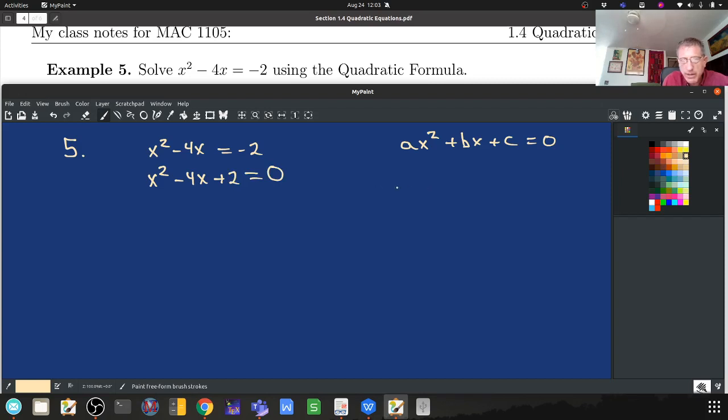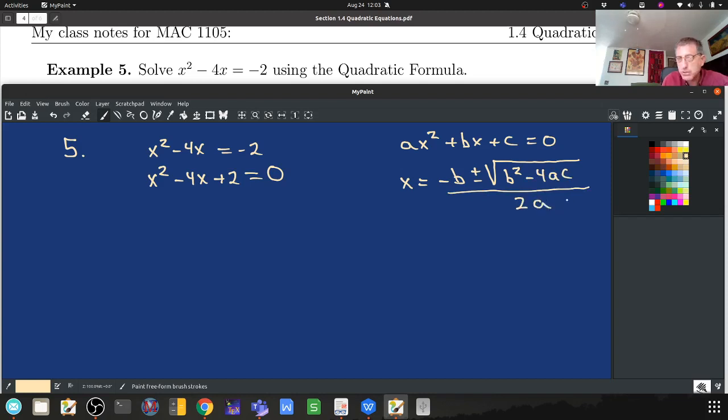And our quadratic formula is that x is equal to minus b plus or minus the square root of b squared minus 4 times a times c, all of that over 2a.